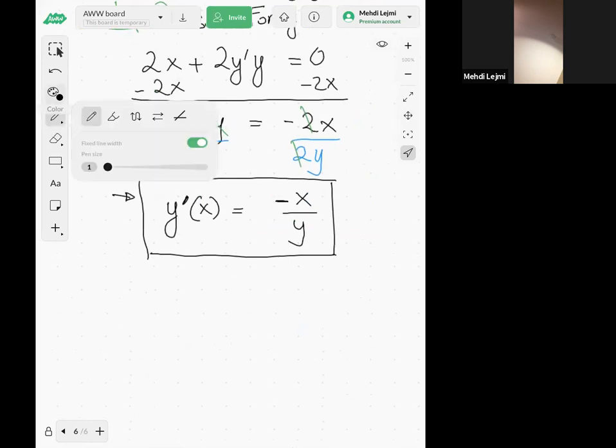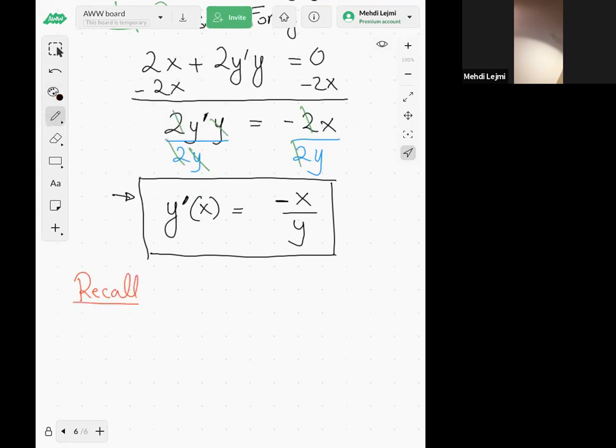So again, our rule is actually a consequence of the chain rule. So let me just remind you. Let's say your function is y squared, right? Let's say h of x is equal to y squared. And again, y is supposed to be a function of x.